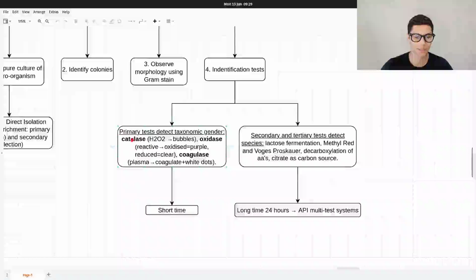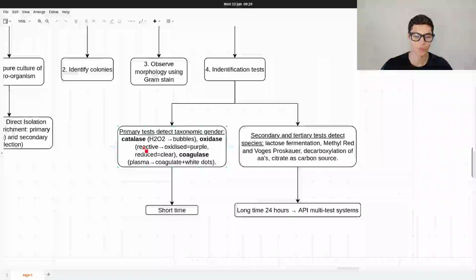The primary ones are the catalase with H2O2: if there are bubbles, the catalase is positive, and if there are no bubbles, it's negative. Then we have the oxidase.